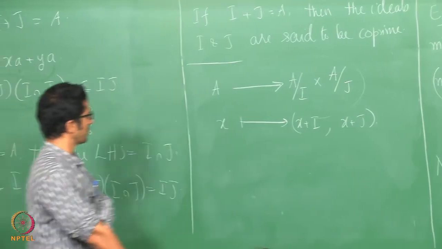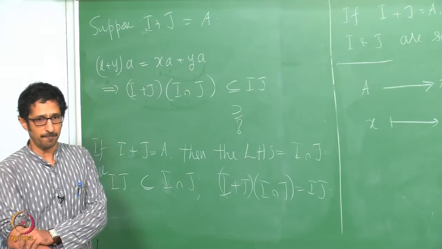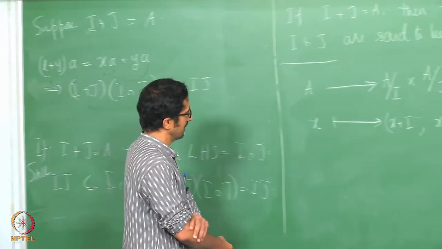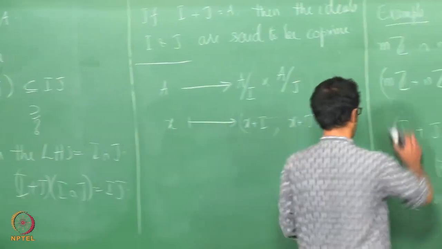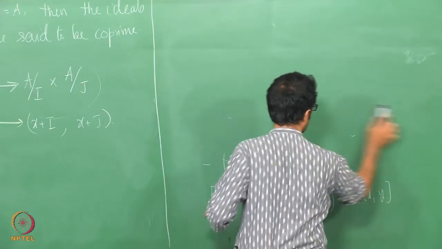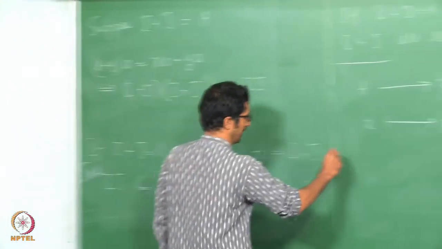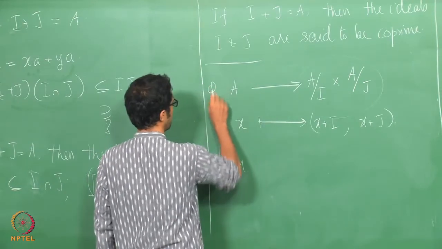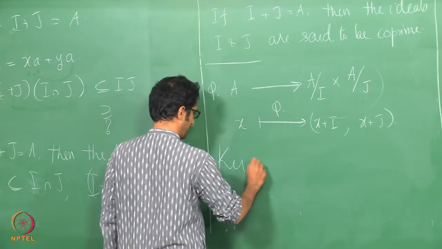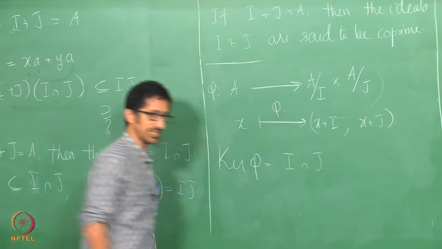This is a natural ring homomorphism. Can you say anything about the nice properties, what would be the kernel of this map? Let us call this map phi. Kernel phi is I intersection J.